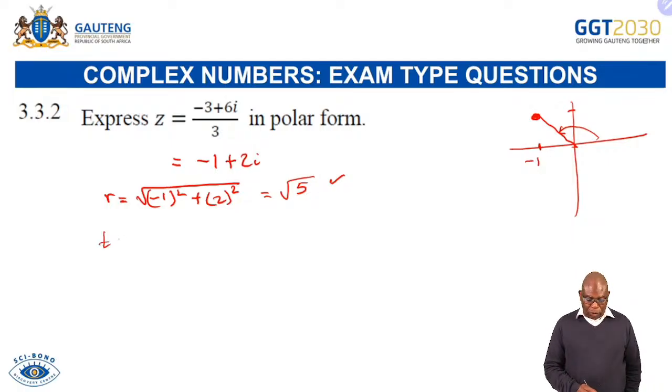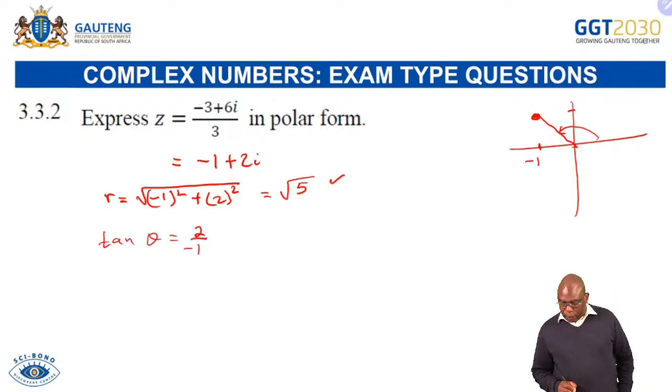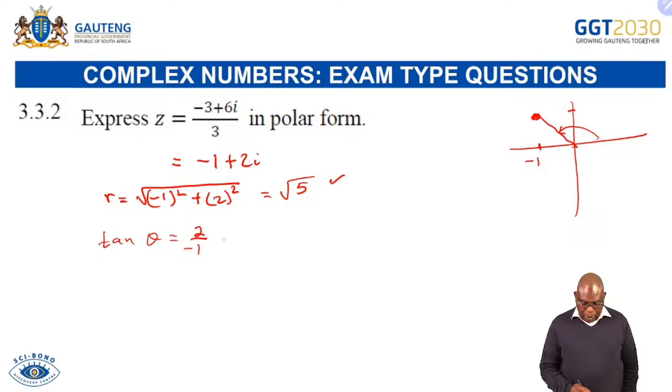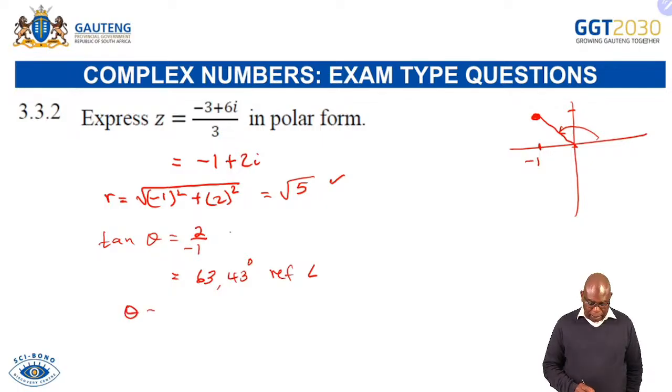So now my argument: tan of theta equals 2 over negative 1. So therefore my angle here is, I think, 63.43 degrees, which is my reference angle. Then my angle will be 180 minus that, which will give me 116.57.